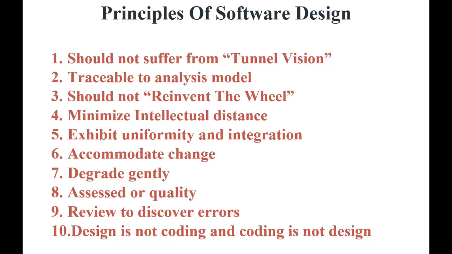It means the software should be designed so that it degrades gracefully, which means it should work properly even if an error occurs during execution. Now the eighth is assess for quality. It means the design should be assessed or evaluated for quality, meaning that during the evaluation the quality of the design needs to be checked and focused on.